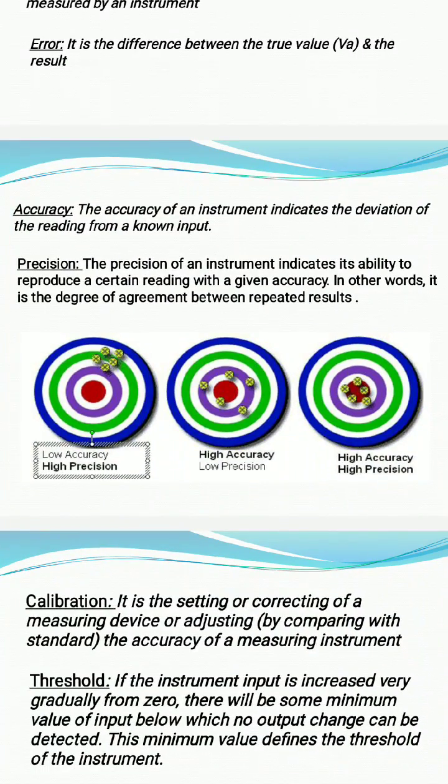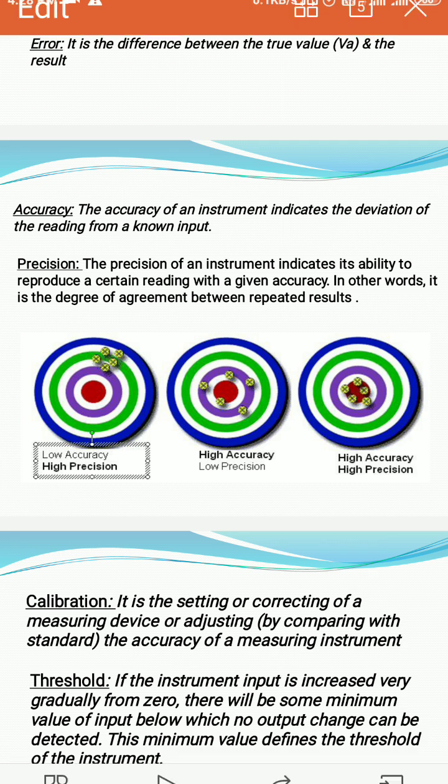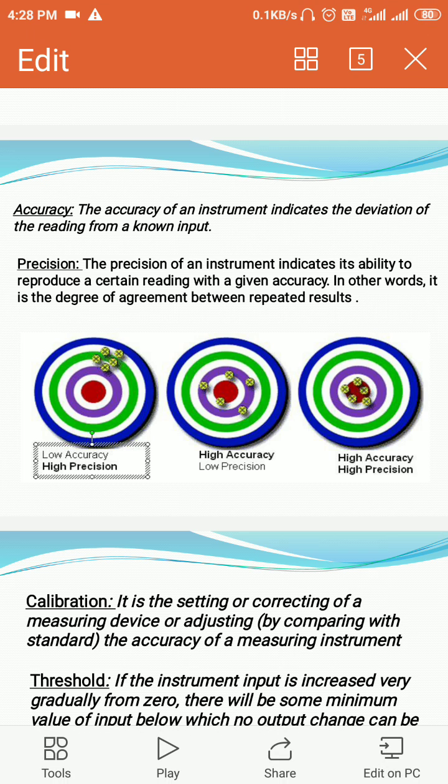What is accuracy? The diagram is shown here. Three circles are there, and at the center of the circles a red target point is there. Imagine that now I want to hit the red target point. I take a gun in my hand and I want to hit the center red target point. With the help of these three diagrams, I will explain what is accuracy, what is repeatability, and what is resolution.